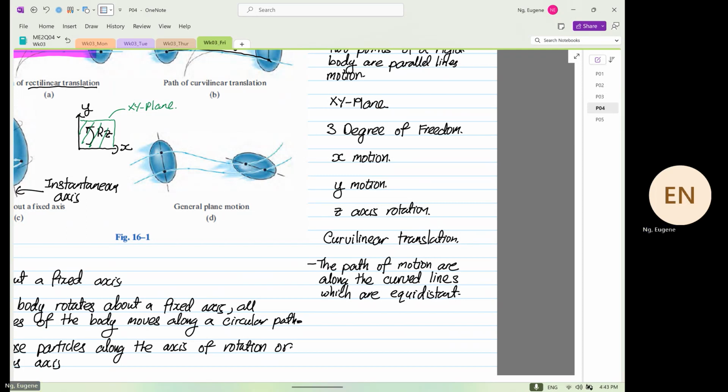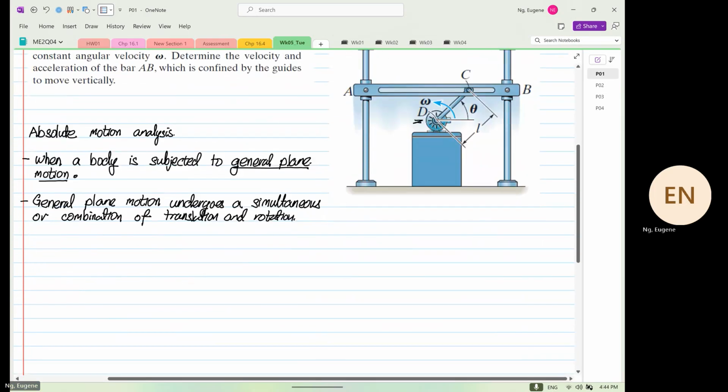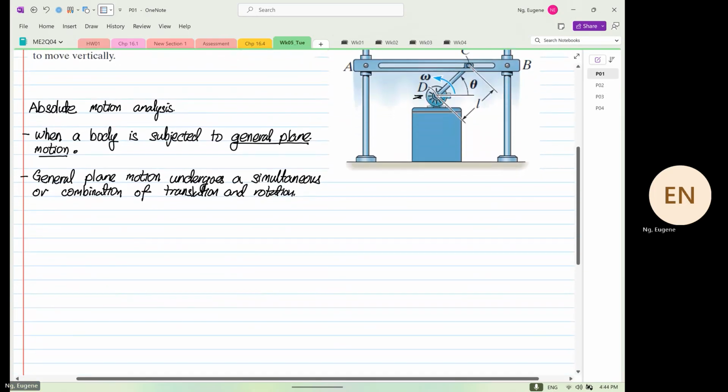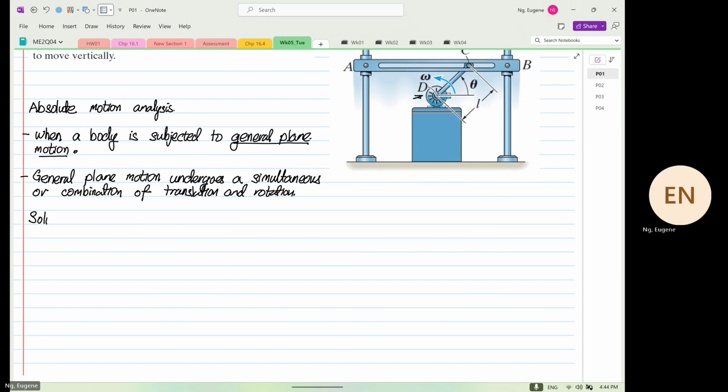Right. So from here, we are going to solve general motion analysis. I'm going to give you the solution procedure. This topic has more math than any other things.